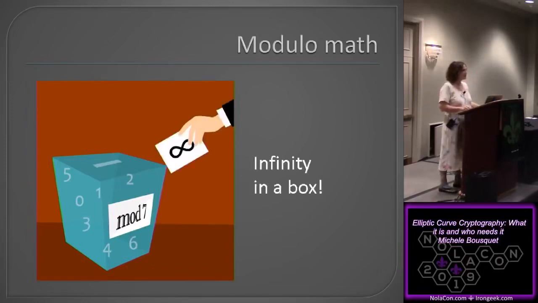And you can take any number up through infinity, positive or negative, and it ends up getting stuffed into this box. Your answer will be 0 through 6. Okay, that's our little modulo refresher for those of you for whom the 6th grade is not a recent memory.